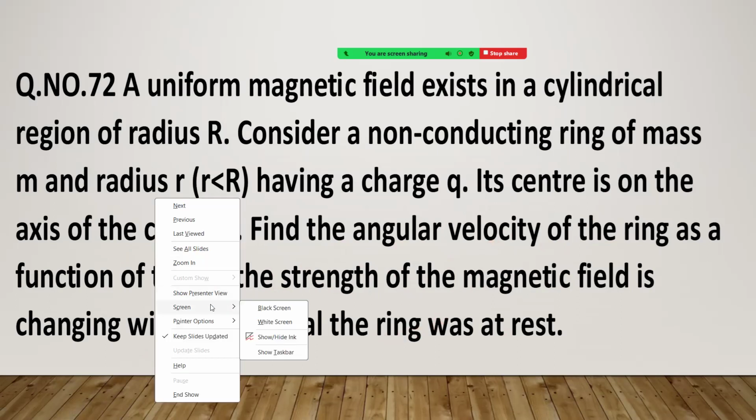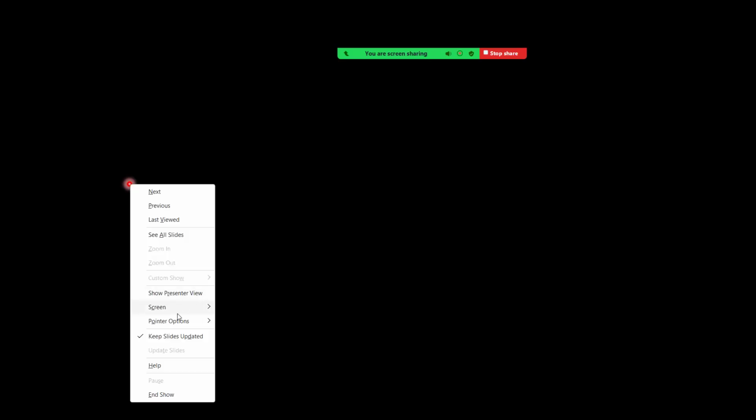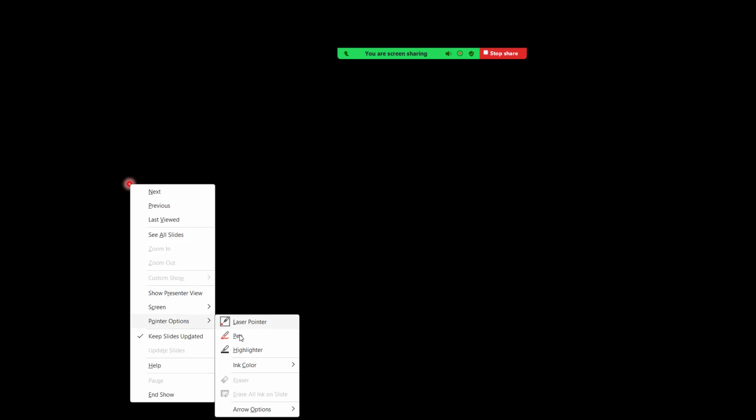Since initially the ring was at rest, first we have to focus on who is providing the torque, right? So I'm making a diagram here.